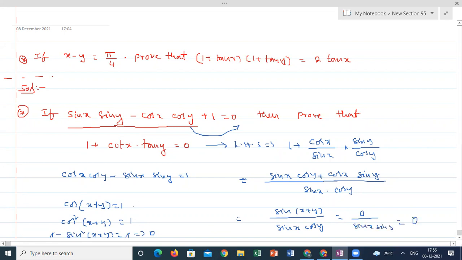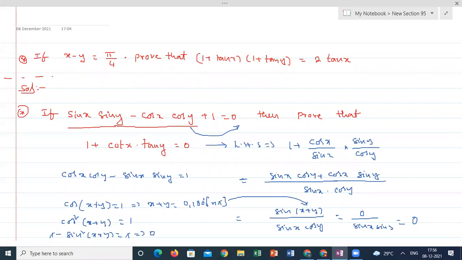Or here you can say x plus y is equal to 0, 180, I can say it is n pi. Substitute this value. Agreed? Move to the next one.